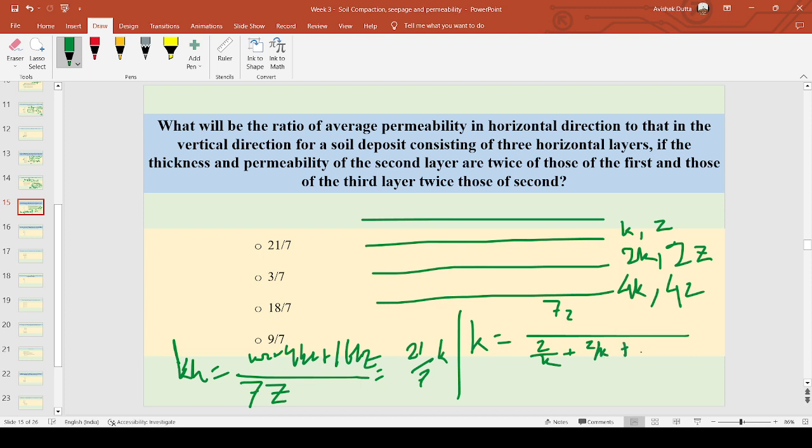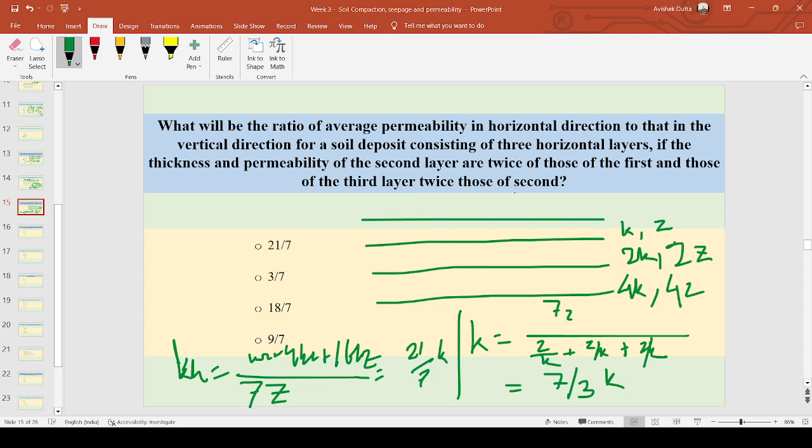Again 4Z by 4K, that is Z by K only, isn't it? So it is 3 into Z by K. Z and Z get cancelled, so it is how much? Hello, are you following? So it is how much? It is 7 by 3 K, isn't it? Please repeat. Okay.